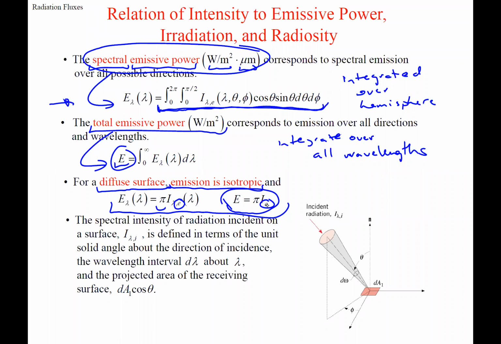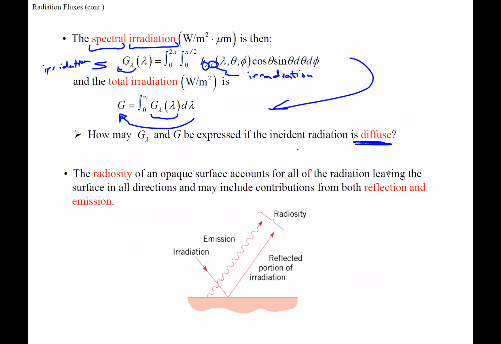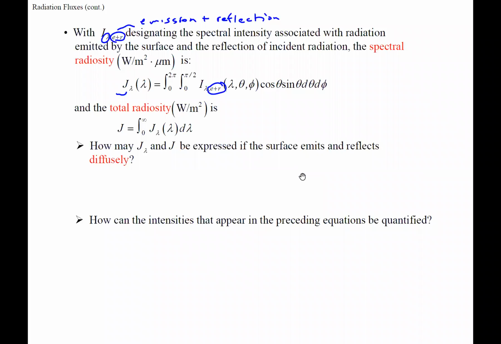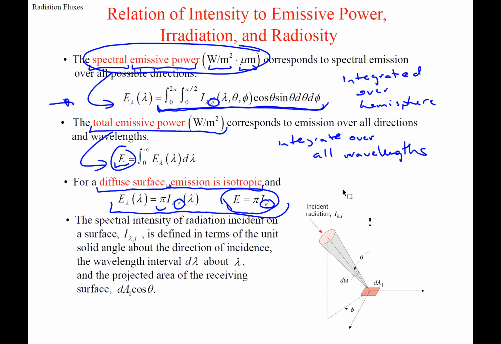Where this was just e, and this one was just i, now we have e plus r. So if we integrate over direction, we get this. Integrate over wavelength, and we get this. And again, for diffuse, we can create our equations, which is J instead of I here.